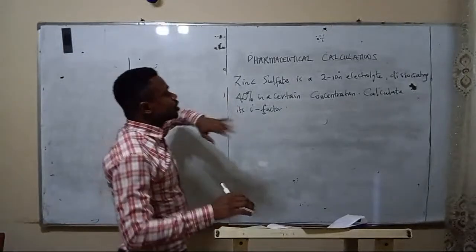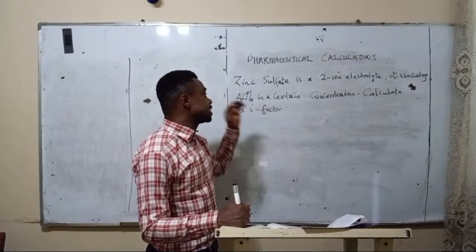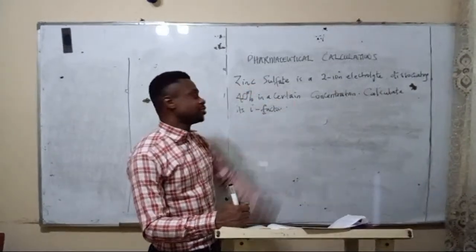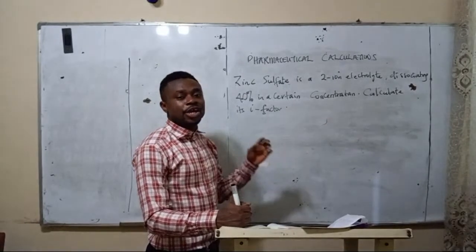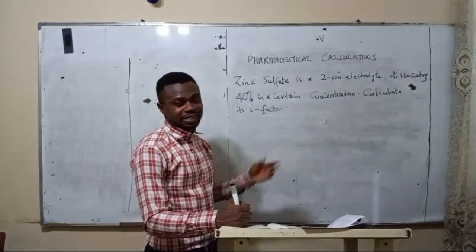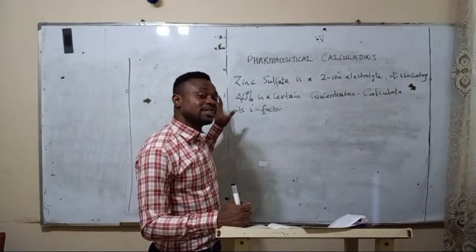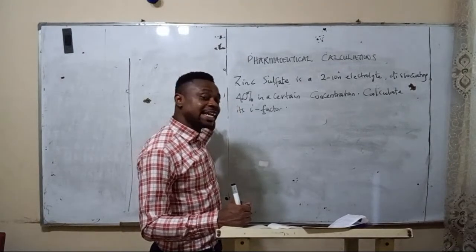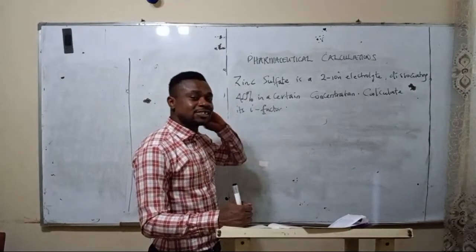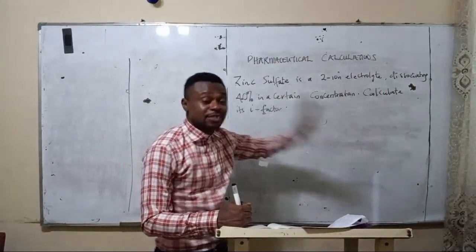To solve this question, we should understand the dissociation. Zinc sulfate is an electrolyte that has 2 ions, zinc ion and sulfate ion. As an electrolyte, it dissociates, but the dissociation is just 40%. That means 40% of the zinc sulfate will dissociate, leaving 60% undissociated. And that 40% that dissociates will yield 40% zinc ion and 40% sulfate ion.